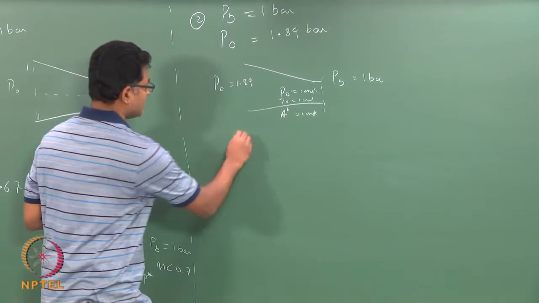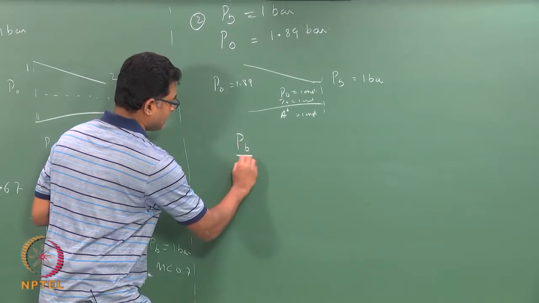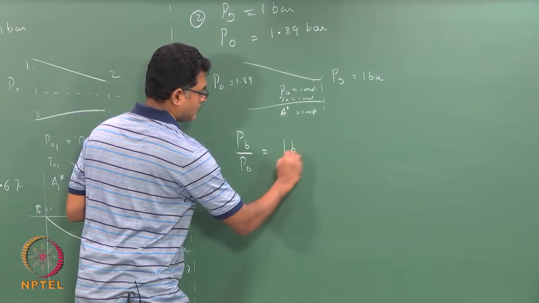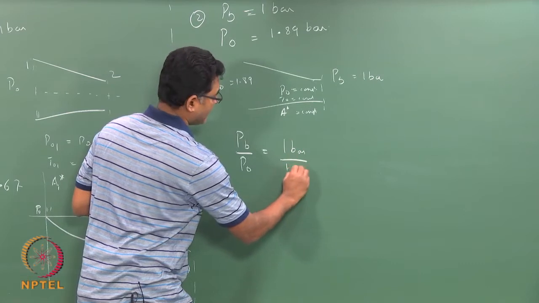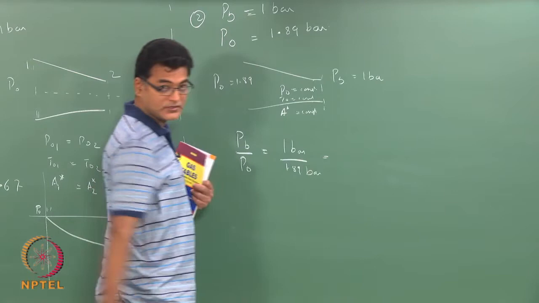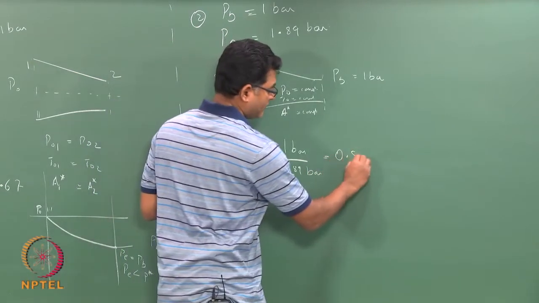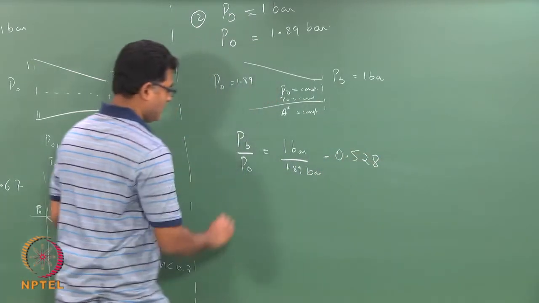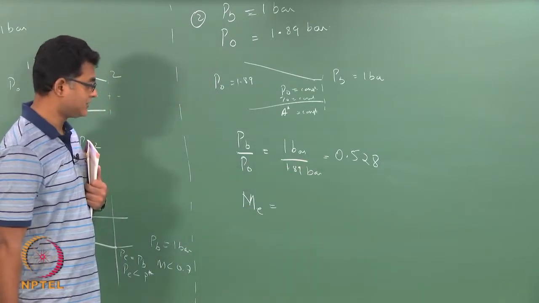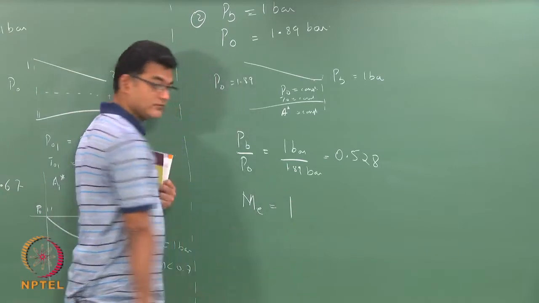With this assumption, I can write PB by P0, which is 1 bar by 1.89 bar, which is 0.528, and the Mach number at the exit associated with this pressure ratio is 1.